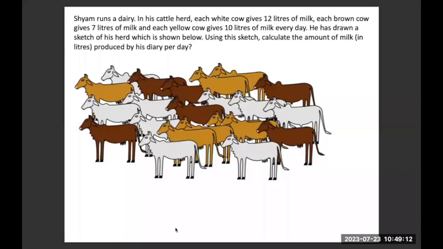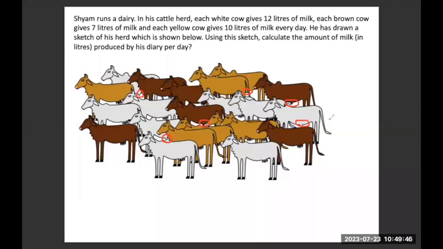Shimoli, wrong answer. In this case, guys, when you calculate, I'm just going to round off the cows which are male. This is a male. This is also a male. This is a male. This is a male. A male. Okay.